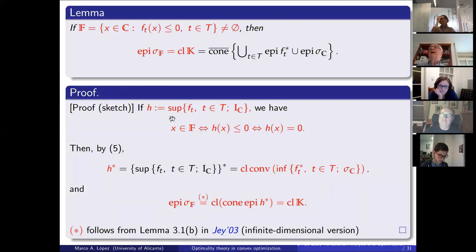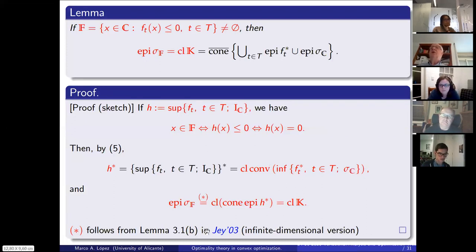Consider this new supremum function, the sup of f_t and the indicator. It's absolutely obvious that x is feasible if and only if this function takes a value less than or equal to 0, but the indicator function always takes the value 0 or plus infinity, and so this is equivalent to this equality here. But we know from the previous slides that the conjugate of the supremum is the closed convex hull of the infimum of the conjugates.